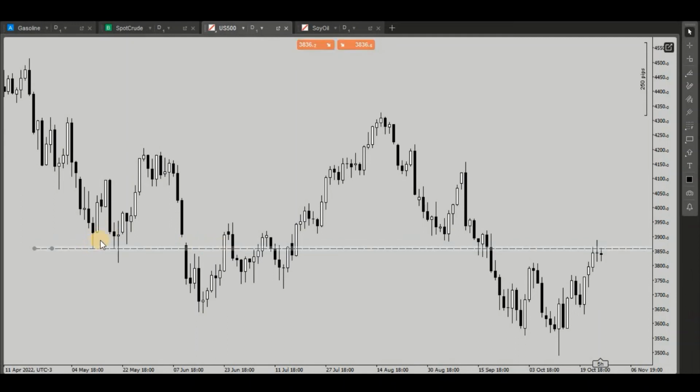So this area here is a crucial area, but what can I do to make things more specific, so that I can find a valid entry signal with a higher probability and get in?